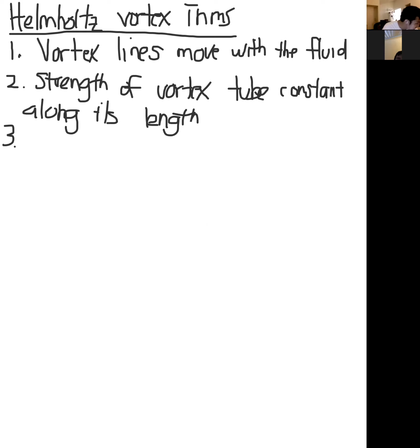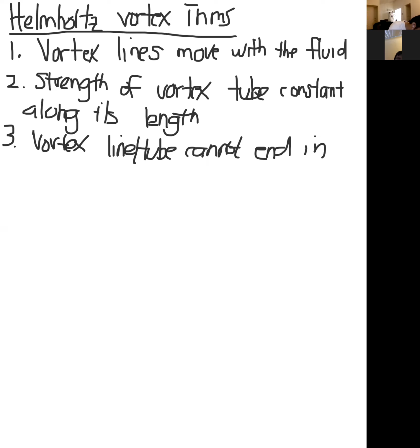The next one is that a vortex line or vortex tube cannot end within a fluid. It must either end at some solid boundary, or it must form a closed loop.